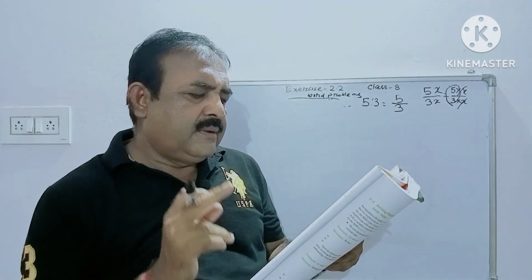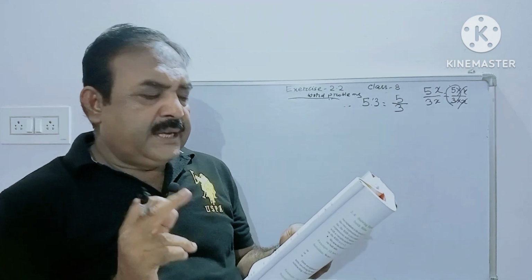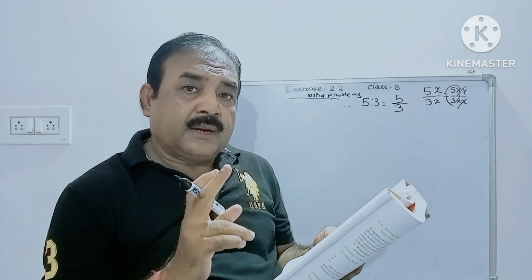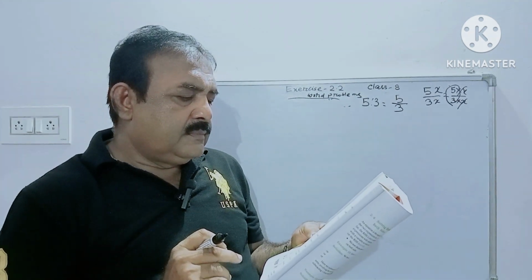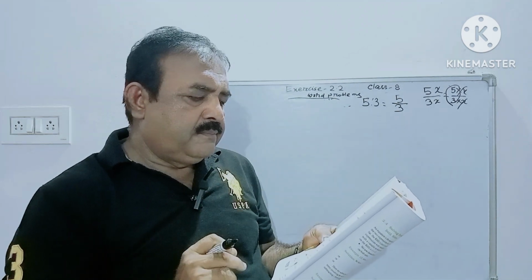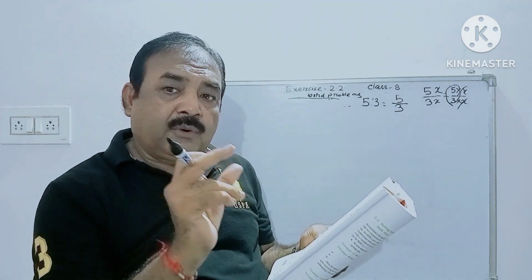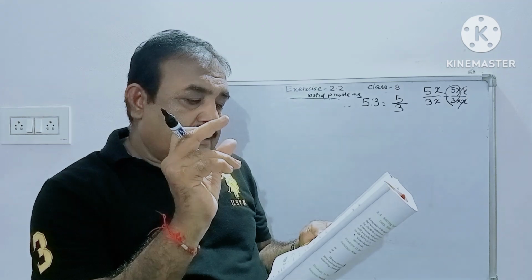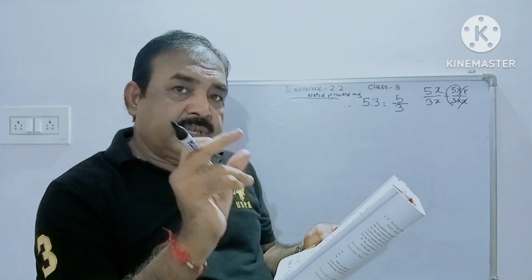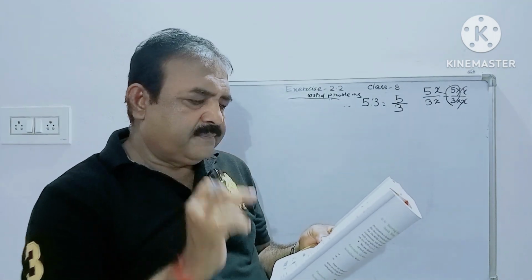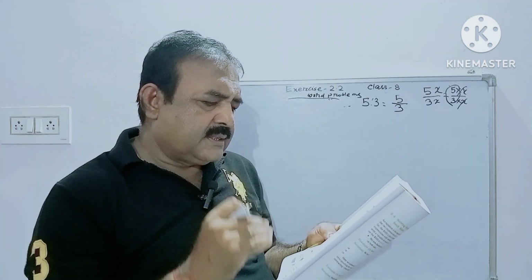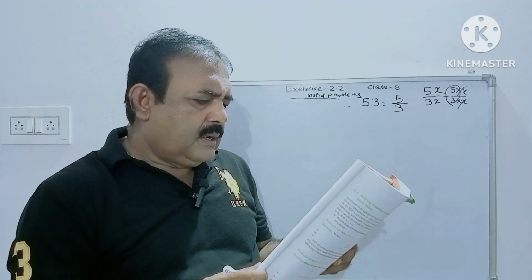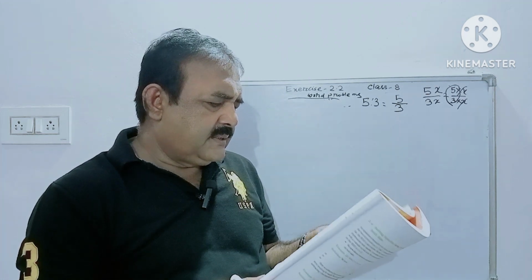What are their present ages? In a word problem, always mark the sentence which is attached with a question mark, what has been asked. Now, what are their present ages?